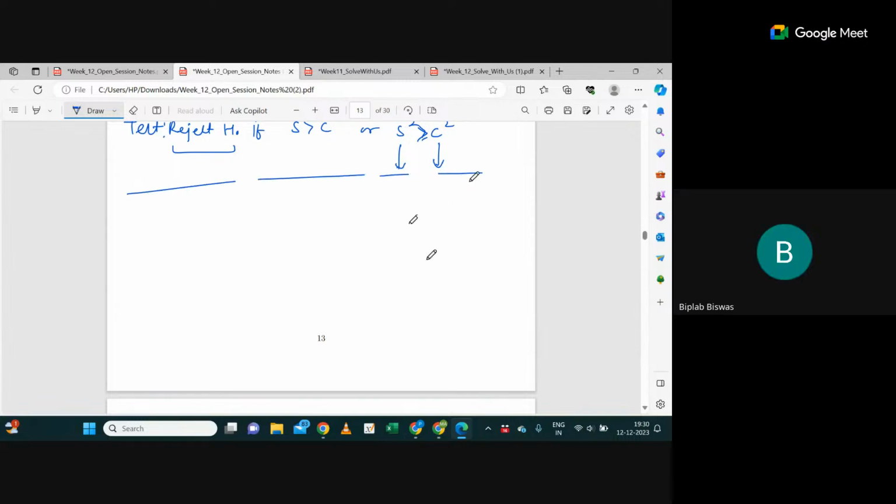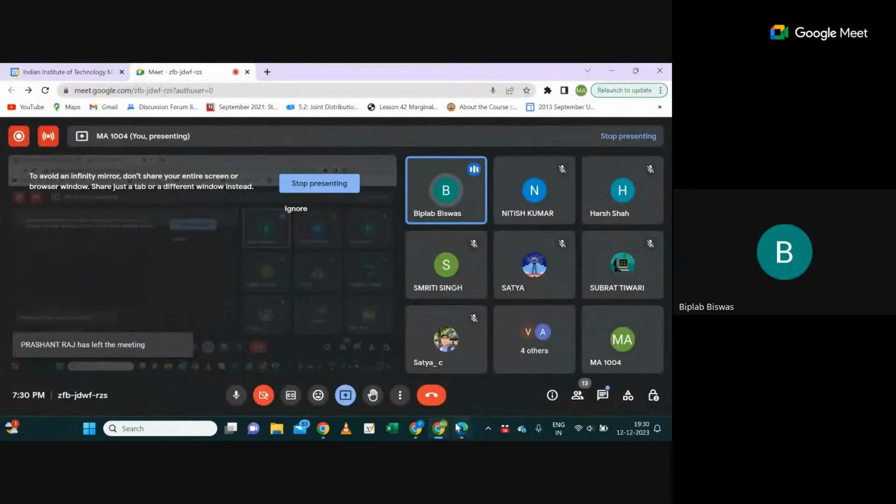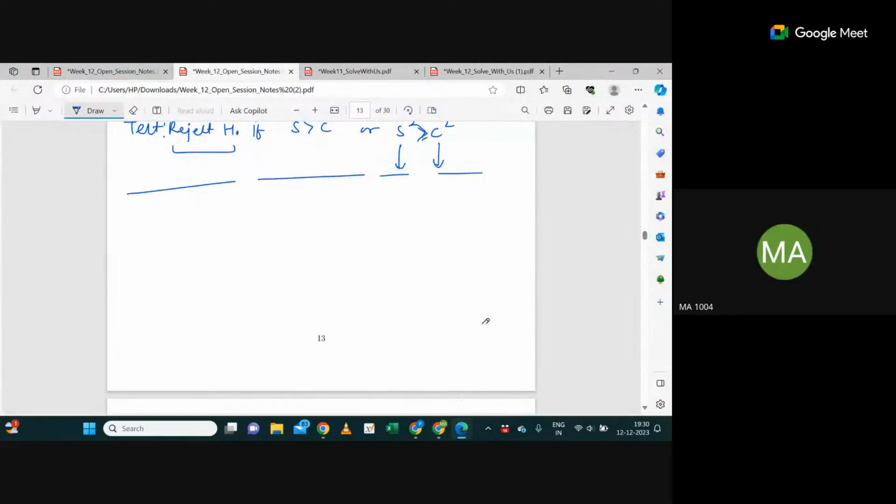Sir, in the exam, will all these formulas be given? Yes. Every distribution and every test will be provided to you. The only thing is you have to be clear with your concept, in which question which kind of test you have to use. Don't worry about formulas like the test statistic n minus 1 S square divided by sigma square.